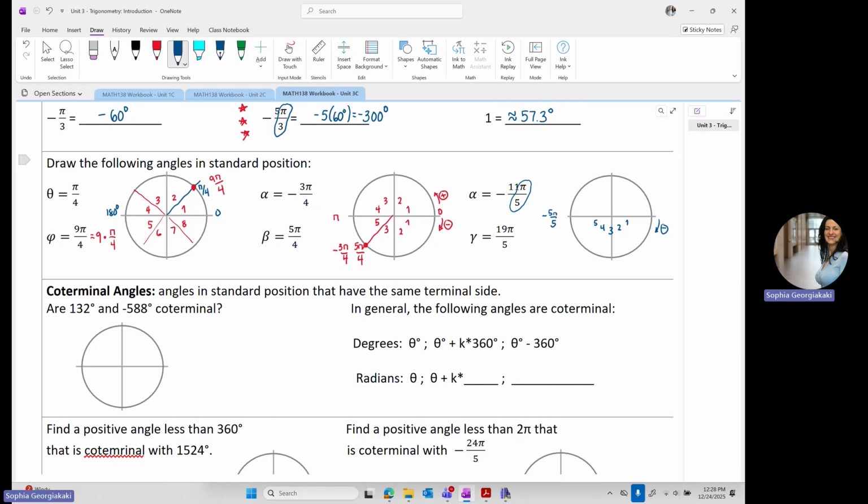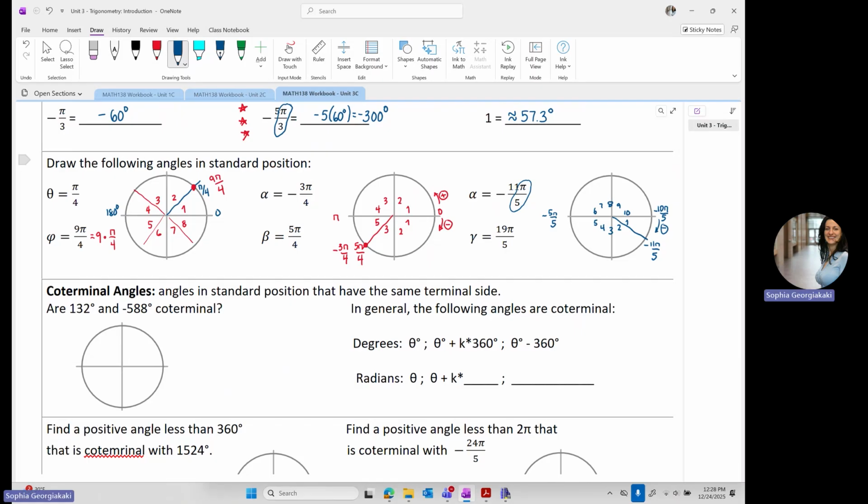Then I need 5 more, 6, 7, 8, 9, 10, and now I will be here, negative 10 pi fifths, which is the same as negative 2 pi. And I need 1 more to do the 11 pi fifths. So here is negative 11 pi over 5.